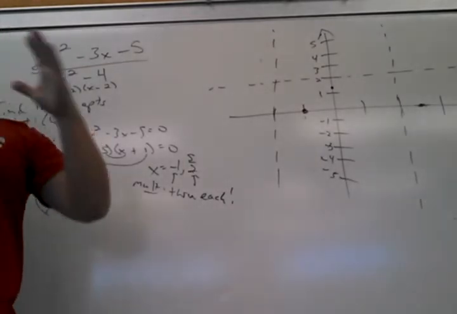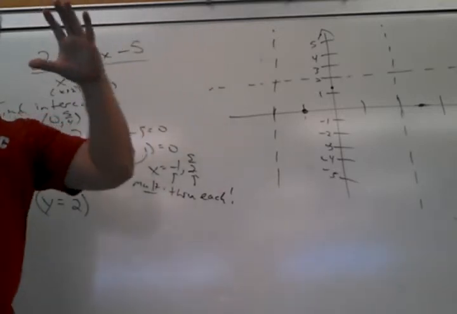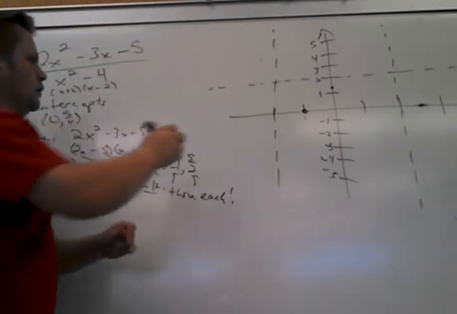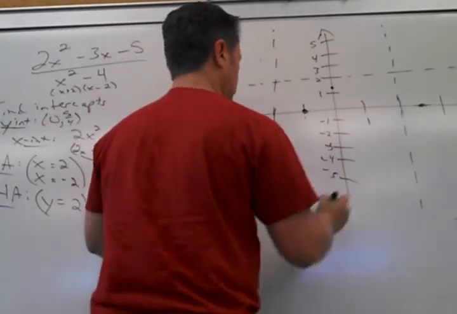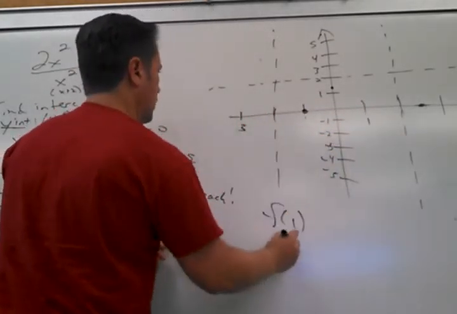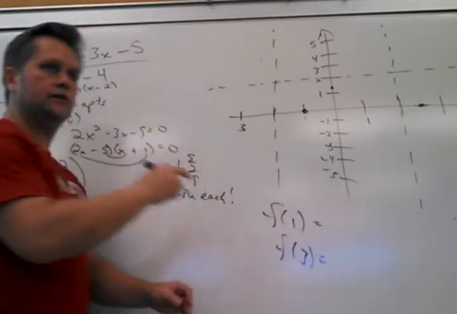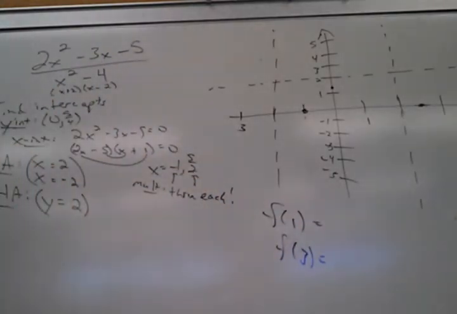So once you set up your walls, you put your intercepts on there, it kind of tells you where things have to be. But I'm still going to kind of investigate. Maybe I'm going to figure out what f of 1 is and f of 3, just to see where it is. So what is f of 1?